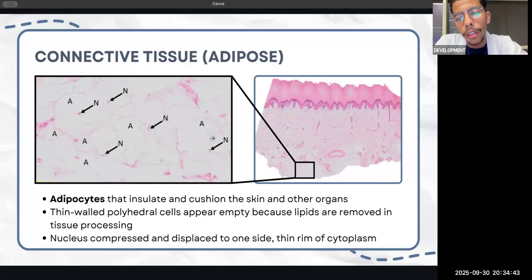Adipocytes of adipose tissue. And can you see here the nucleus, how small it is? It's usually in between the cells, like 1, 2, 3, and then we have a nucleus here in the middle. And that's it for adipose.